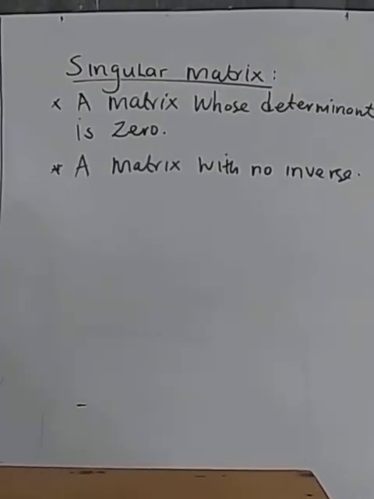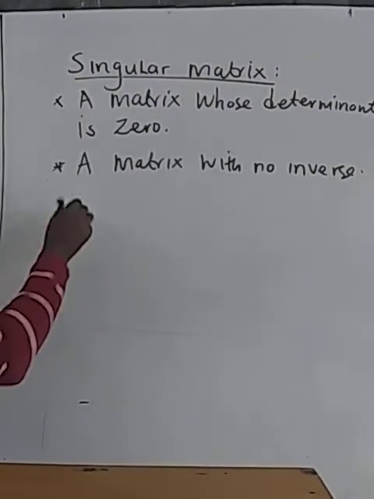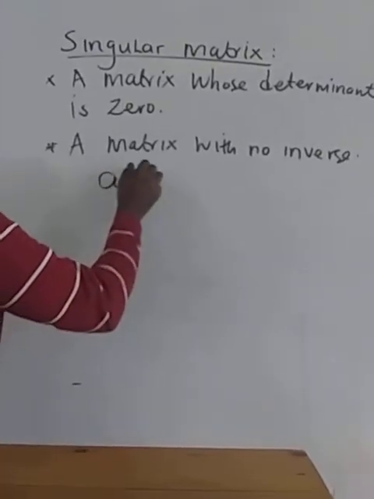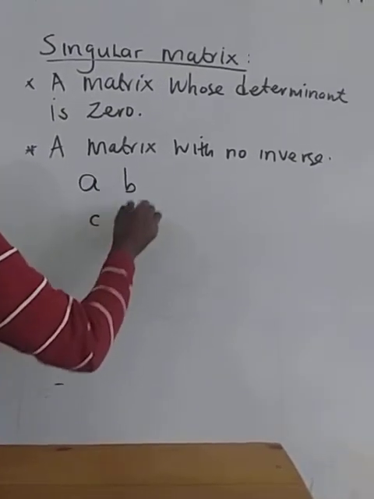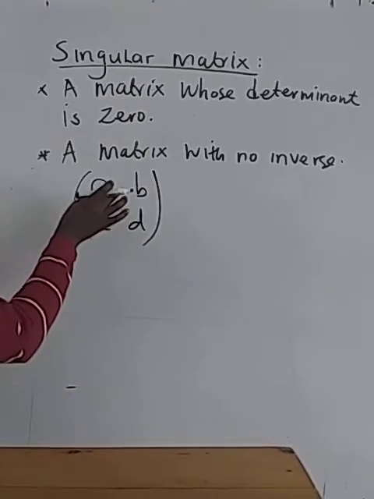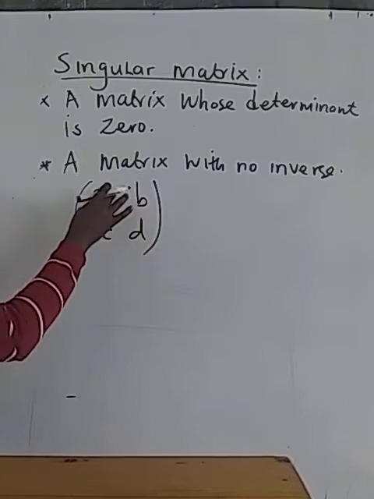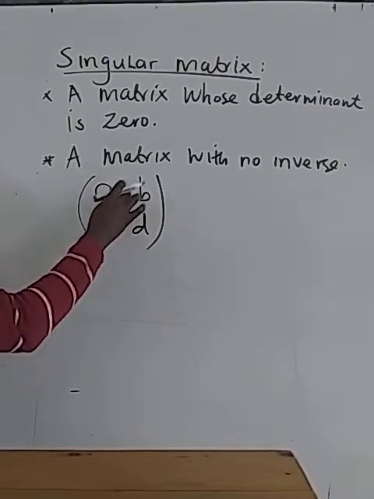Then from there, I will just give you a 2 by 2 matrix. If you are given a 2 by 2 matrix, A, B, C, D, these letters or numbers here are what we call elements.